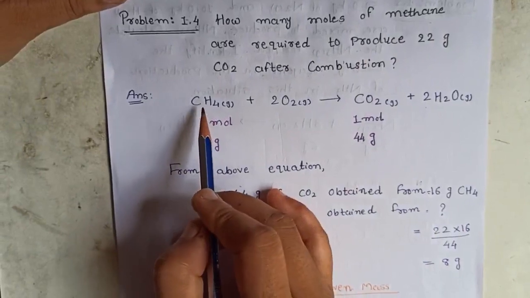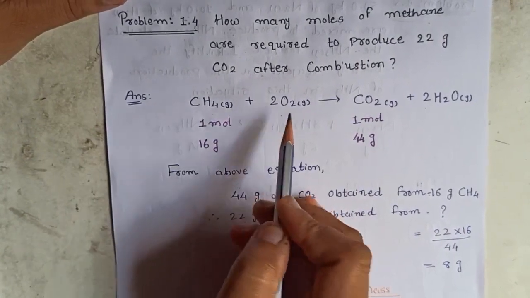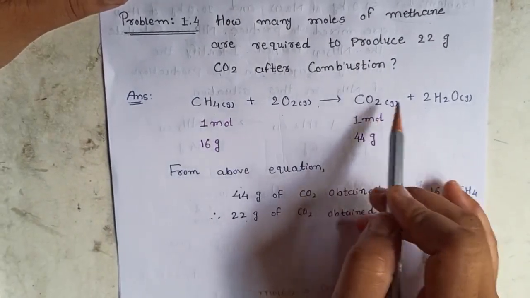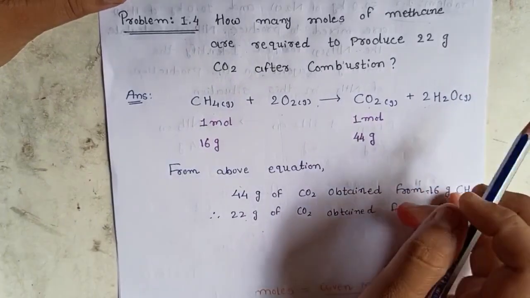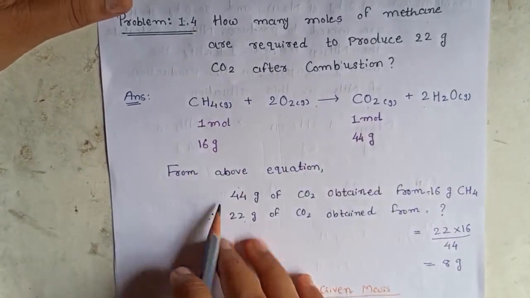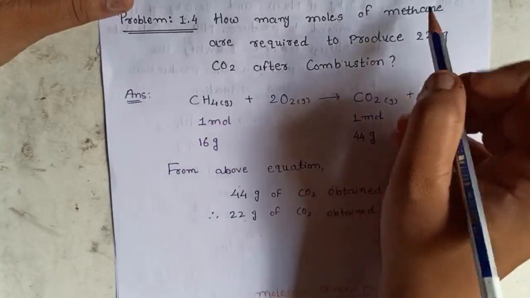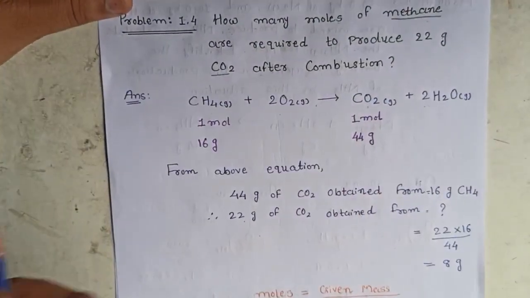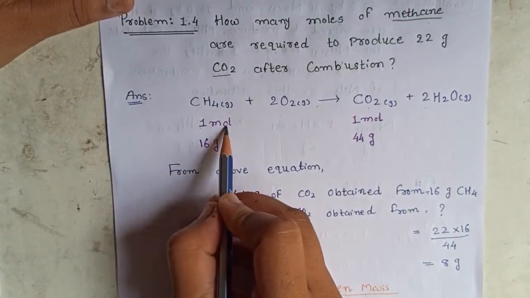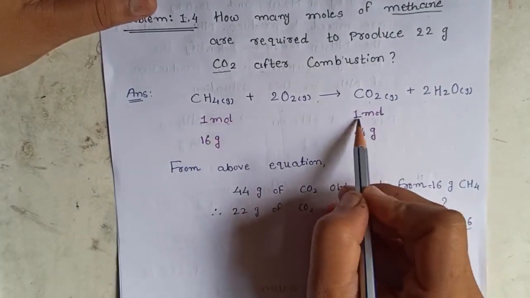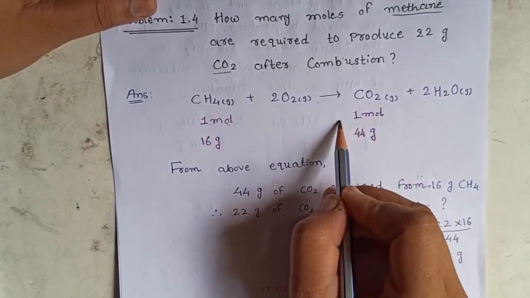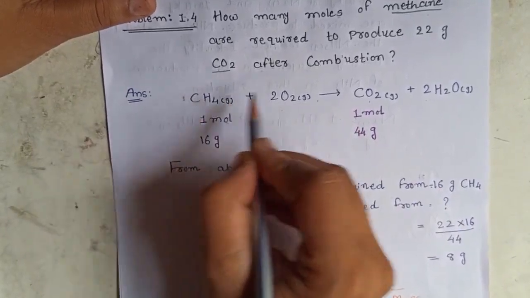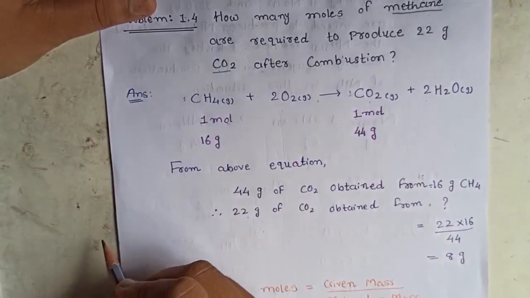So we can write CH4 plus 2O2, it will produce CO2 plus 2H2O, right? Now for this reaction we have to talk about only methane and carbon dioxide. So we can say that when 1 mole of methane is combusted, 1 mole of carbon dioxide will be produced, because the coefficient of methane and carbon dioxide is 1.